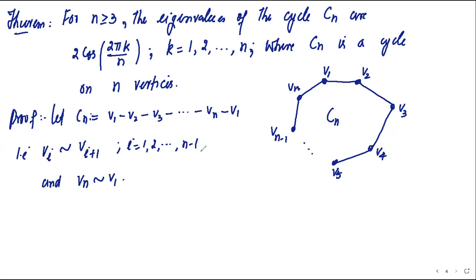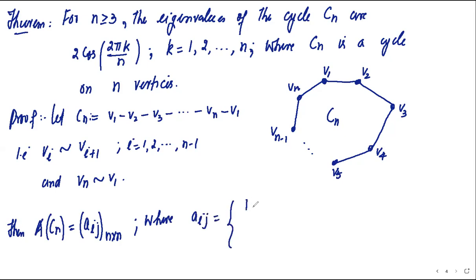Now, if we want to construct the matrix of the cycle Cn, then the adjacency matrix of Cn will be an n cross n matrix A with entries Aij, where Aij is equal to 1 if i is equal to j plus 1 or j is equal to i plus 1, because Vi and Vj are adjacent.